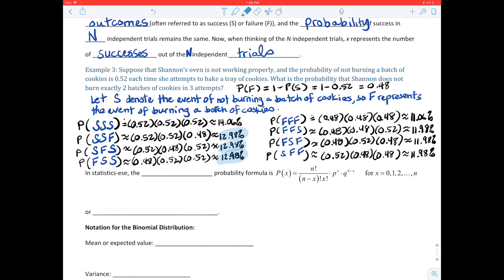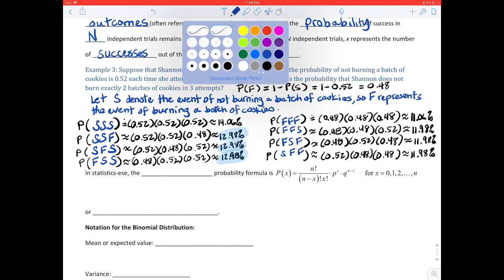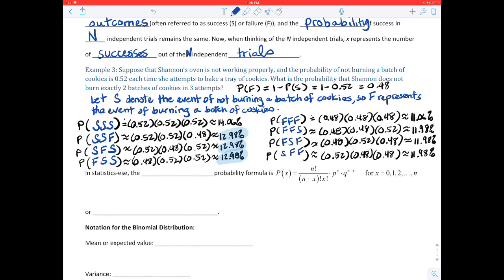And remember, the general addition rule tells us that if you have independent events, you just sum the probabilities because there's no intersections.